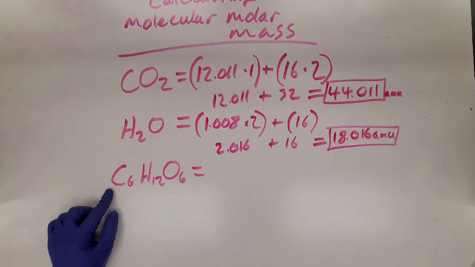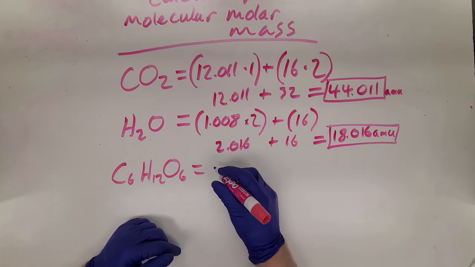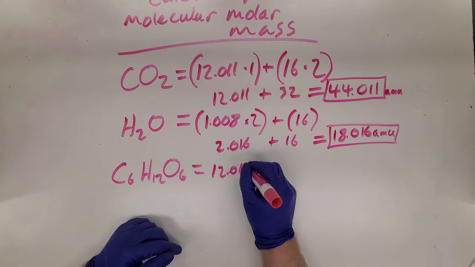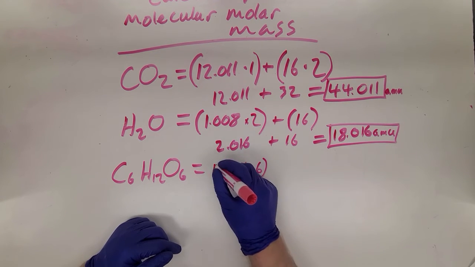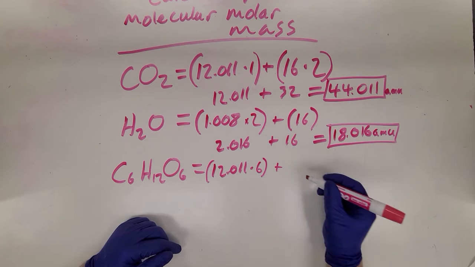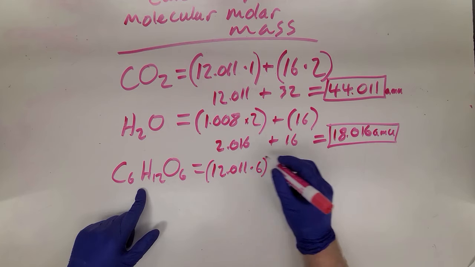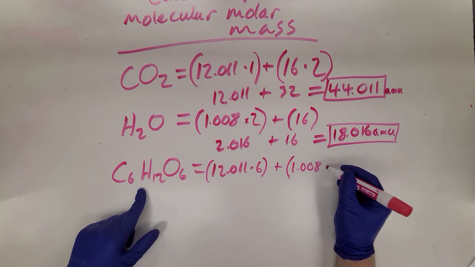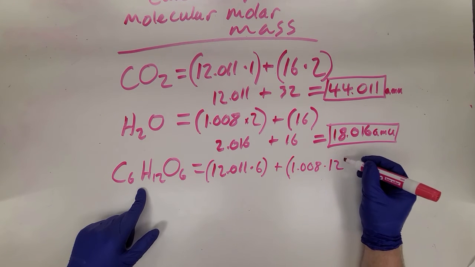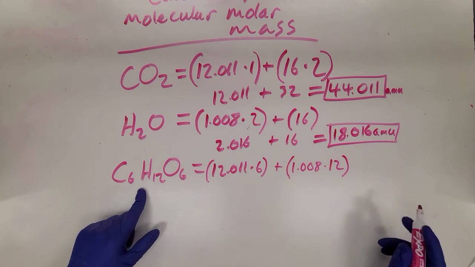Carbon has an atomic mass of 12.011, and there are 6 of them there, so we're going to multiply that by 6. Hydrogen, there are 12 of them here. Hydrogen has an atomic mass of 1.008, so we'll go 1.008 times 12.